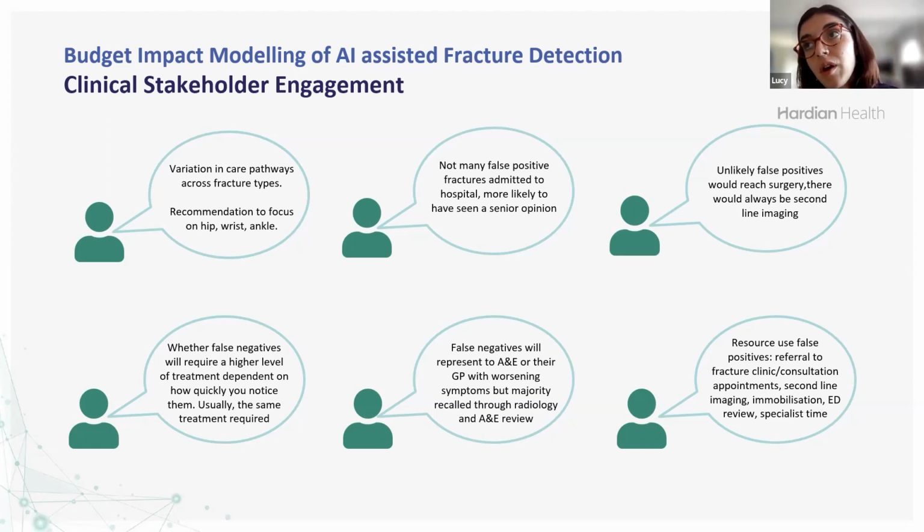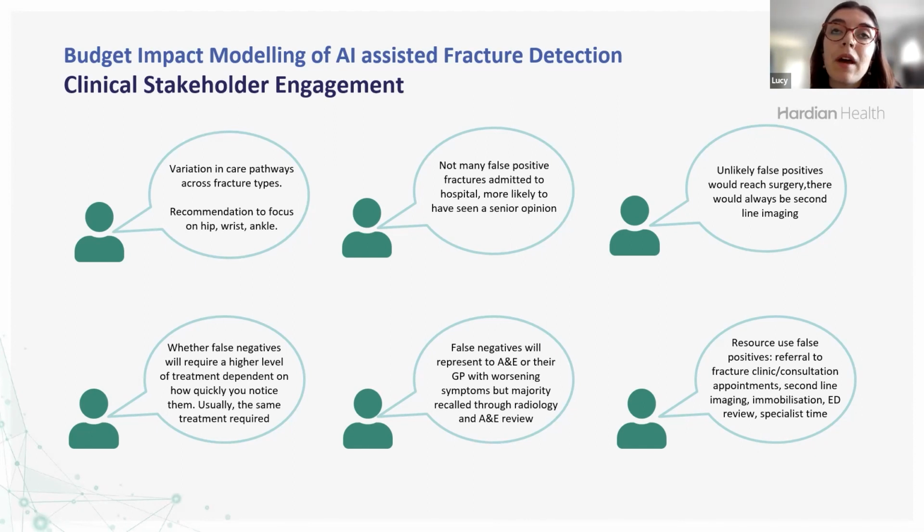So for instance, with a false positive referral onto a hip fracture pathway, is it likely that someone would end up in surgery only to find that they didn't have a fracture? It's really useful to get the KOLs' input on that, because this allows us to determine the resource utilization associated with each of these populations.